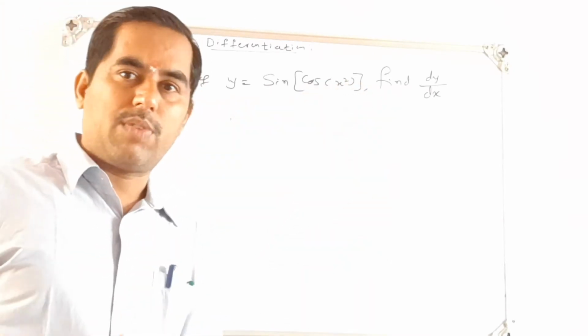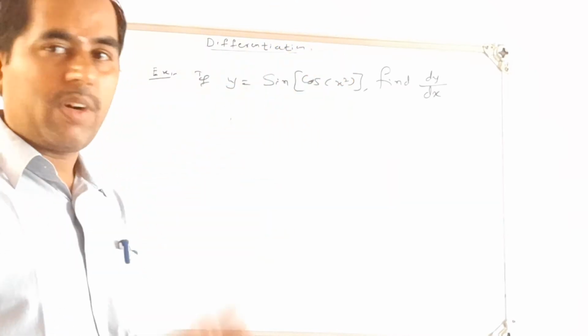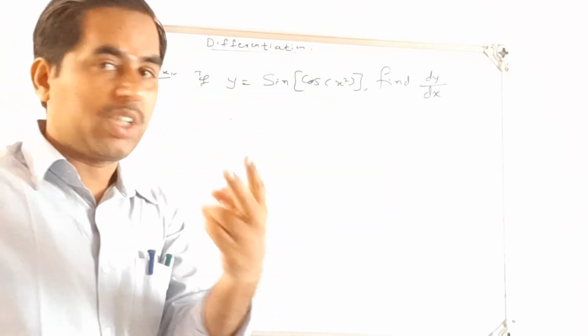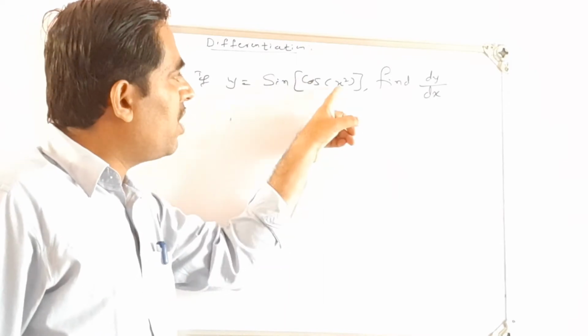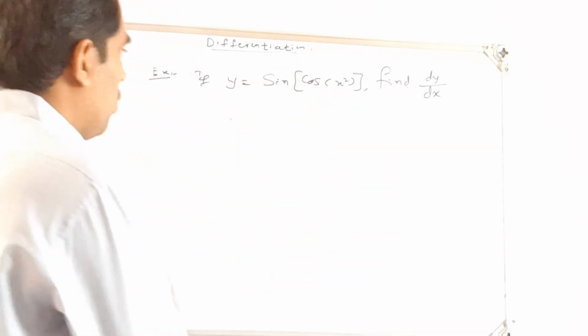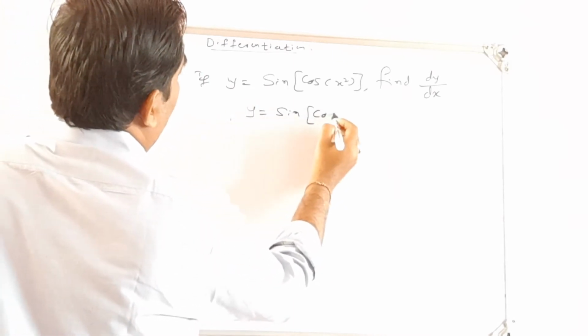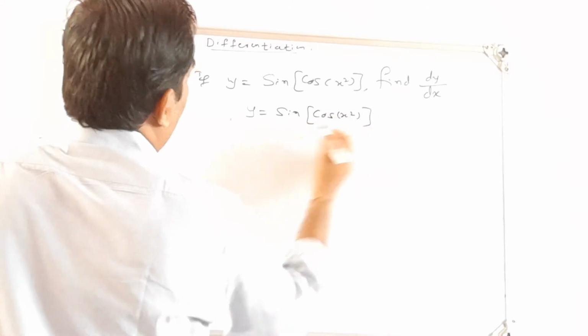Once again it is a composite function. Sine of the whole thing, that is sine t, is one function. Then inside the bracket I have two functions: one is the cos function, another one is x square. So it is a function of a function of a function. We shall consider y is equal to sine of cos x square.